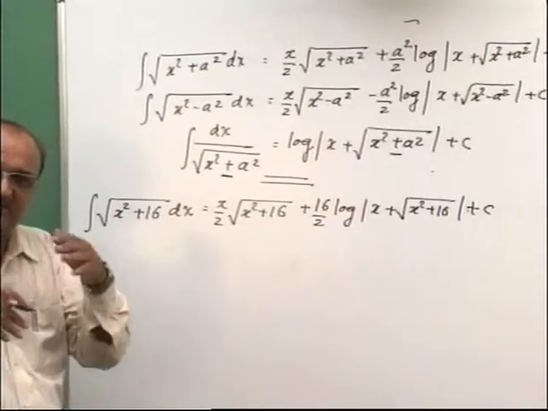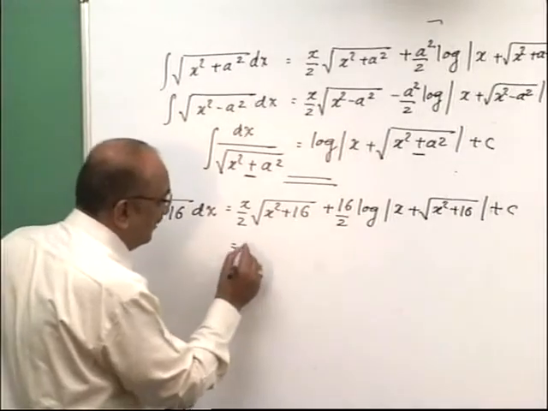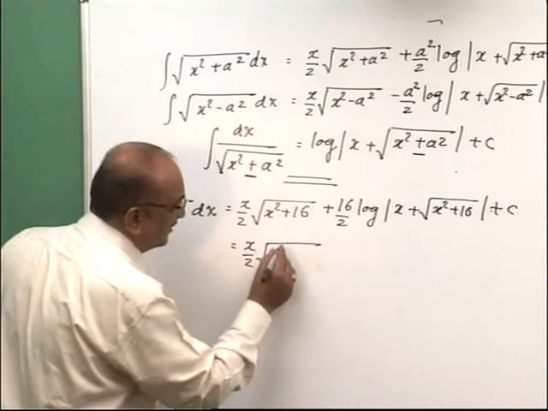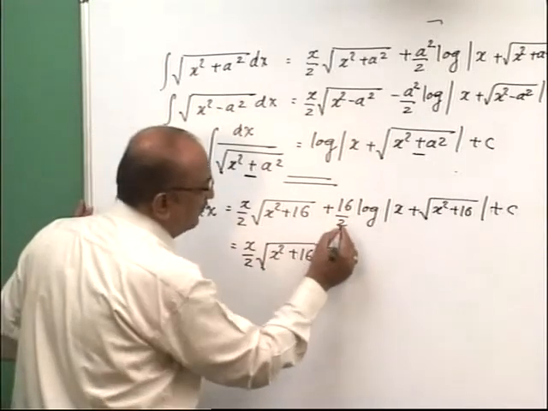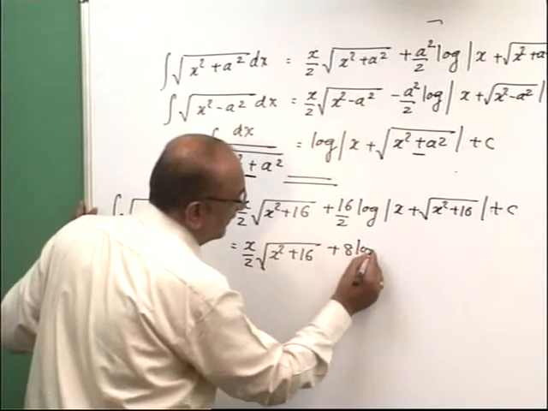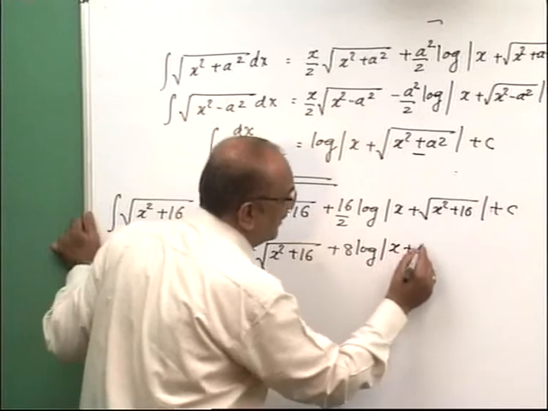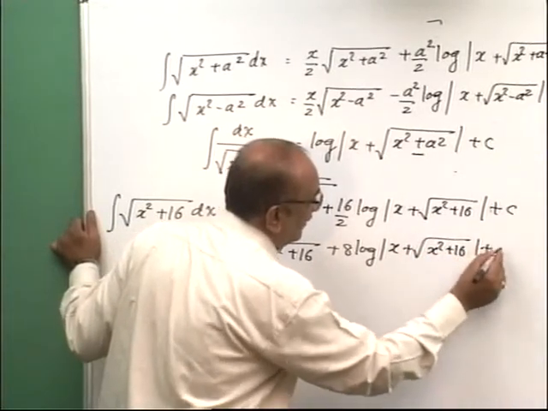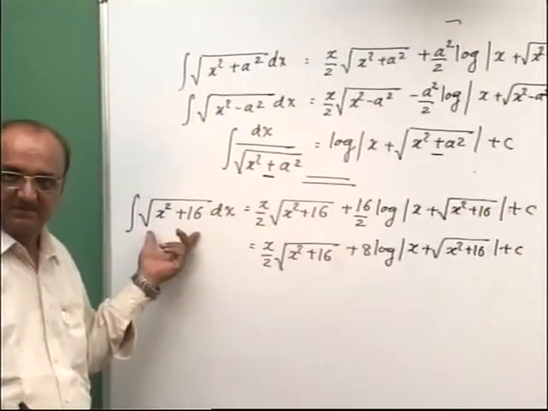You may write a little more simplification: x by 2 into square root of x squared plus 16, plus 16 by 2 which is 8, into log of modulus x plus root of x squared plus 16, mod complete, plus c. This is the answer of the integration of root of x squared plus 16 dx.